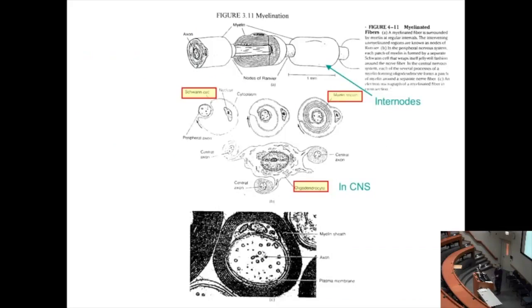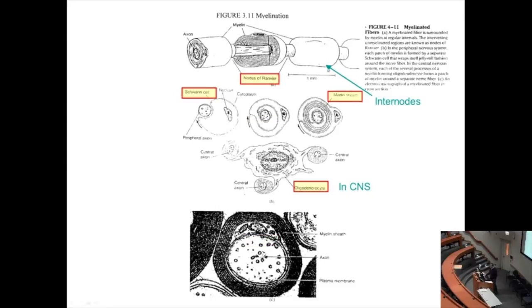Very quickly, I know they go over this in histo, but we have myelinated nerve fibers. I want to talk about this because it's why we teach capacitance, basically. Myelination takes place when Schwann cells or oligodendrocytes wrap themselves in the form of myelin around these nerves.